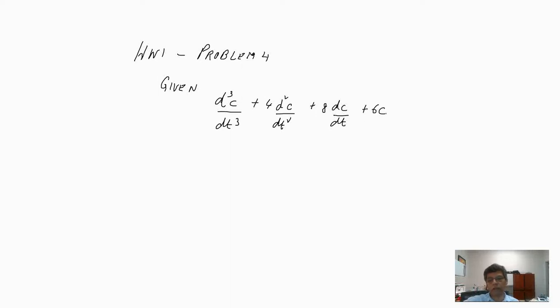This is the left hand side, and on the right hand side I want to put d squared r by dt squared plus 6 dr by dt, and then 8r. This is the given differential equation.